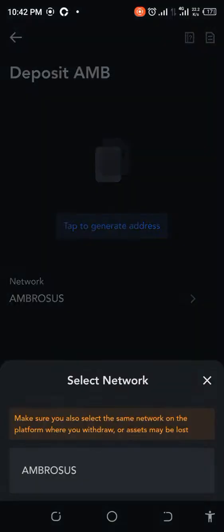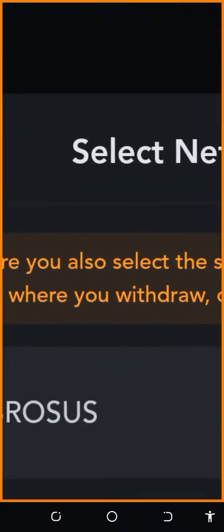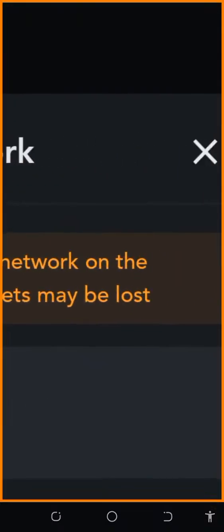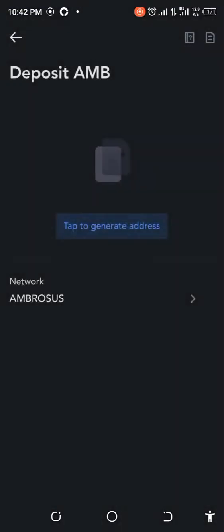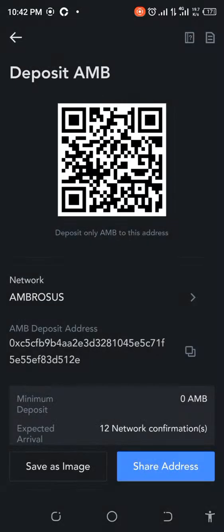It says we should make sure that you also select the same network. Let me check. Am I doing the same thing? Oh yeah, I did that. So let's tap to generate address. Okay, great. Let's generate the address and get that done.